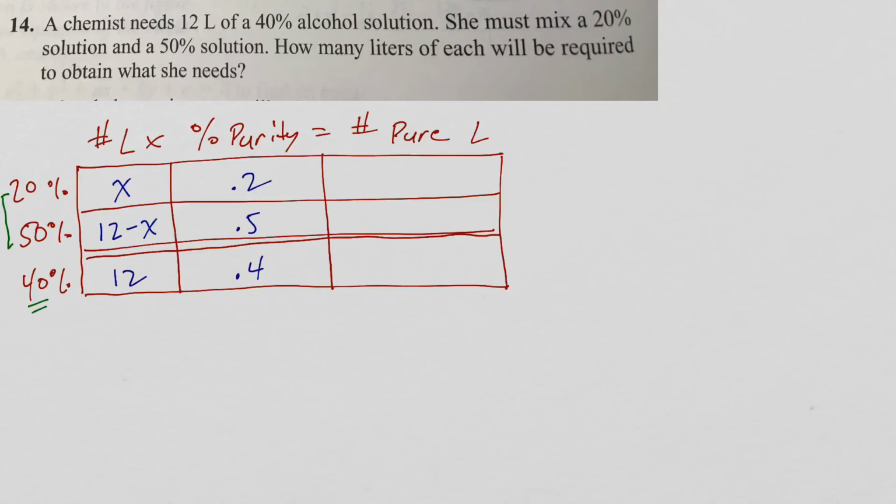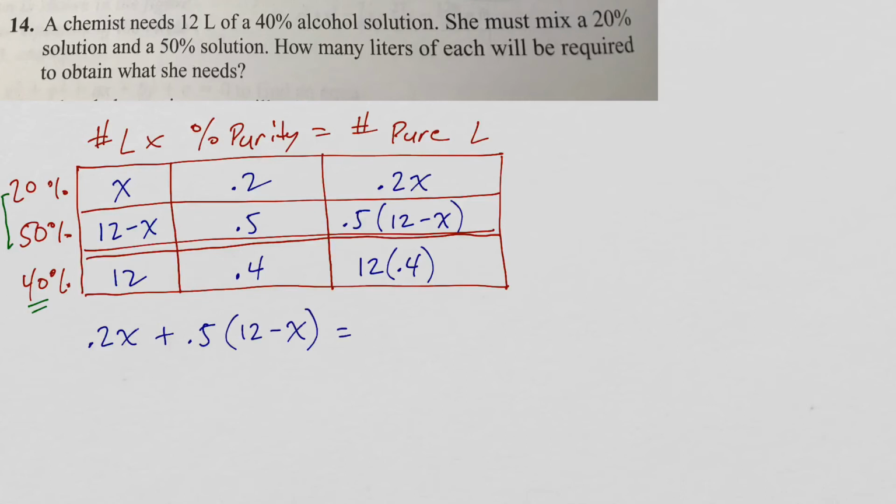Now when I multiply across, I get 0.2x here. I get 0.5 times 12 minus x here. And I get the product of these two things here. Okay, so my equation is going to be 0.2x plus 0.5 times 12 minus x is equal to 12 times 0.4. So let's do a little math here.